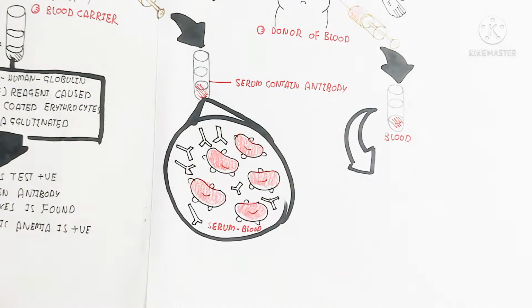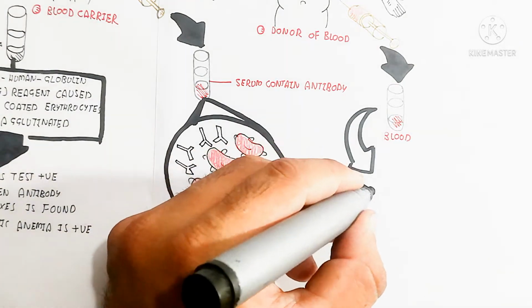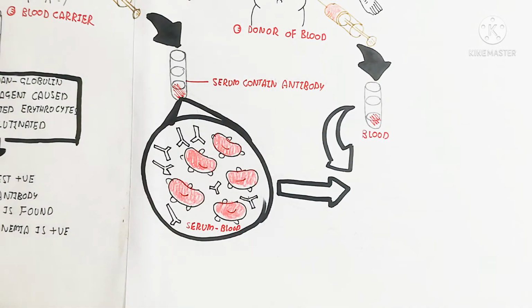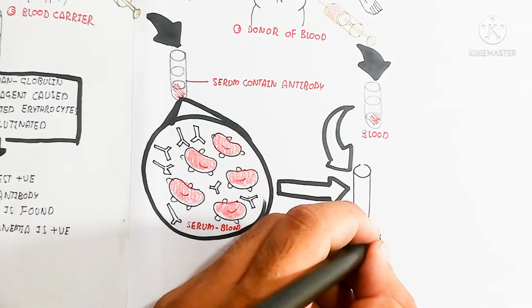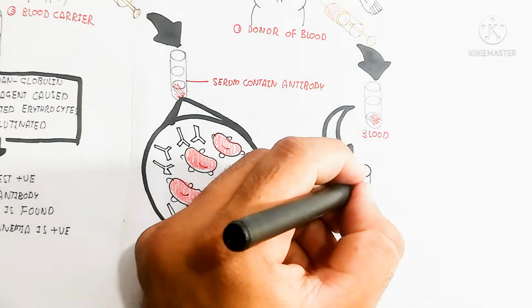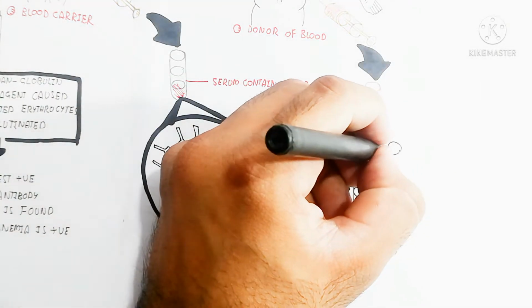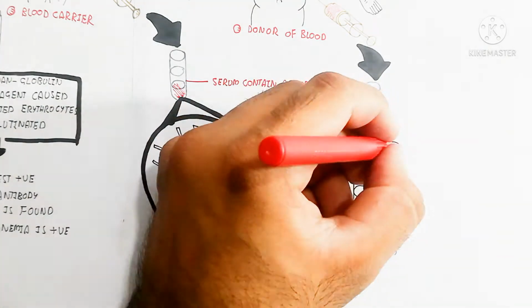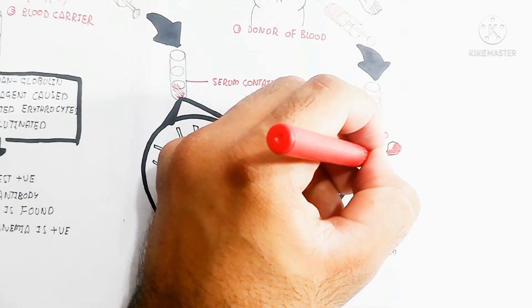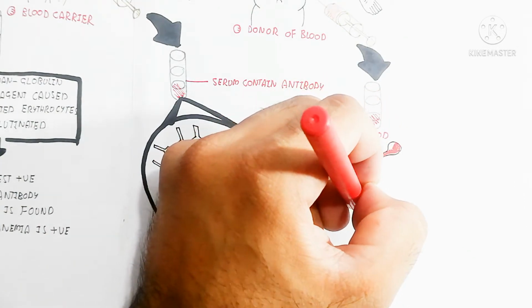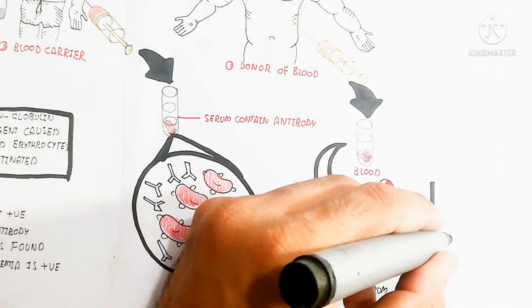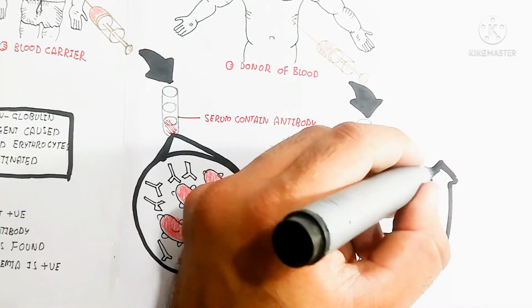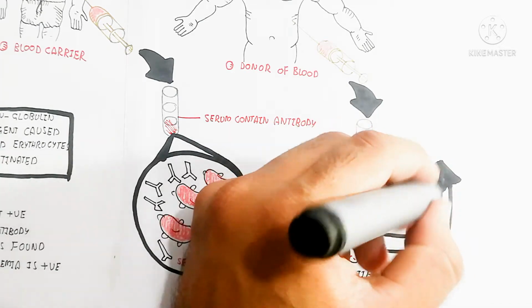So we will take the blood, put it into the test tube and check the result. So what will happen? First we take the serum containing antibody which comes from the blood carrier, which is not bound and not harmful, while on the other hand the antibody in serum is there and the donor's blood is put into the test tube. So we will check the reaction.